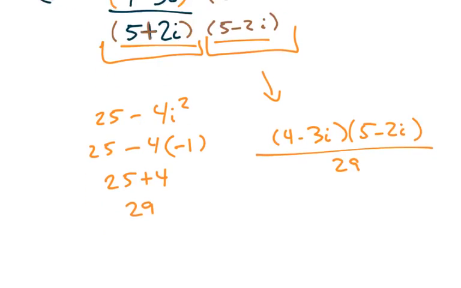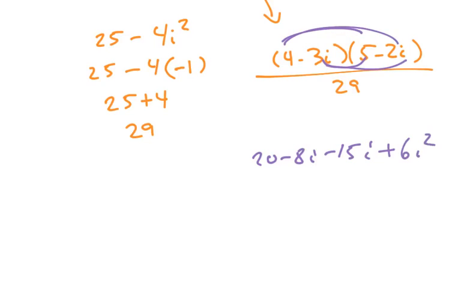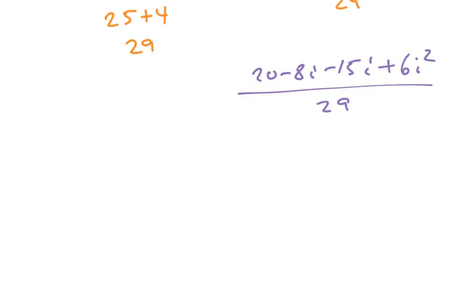And now I'm going to FOIL. And so when I FOIL, I'm going to get 20 minus 8i minus 15i plus 6i squared all over 29. As I clean it up, I get 20.